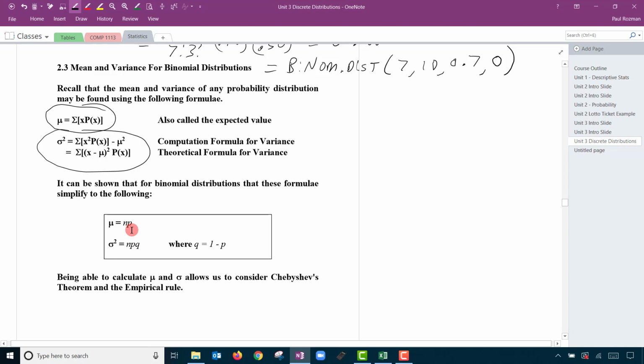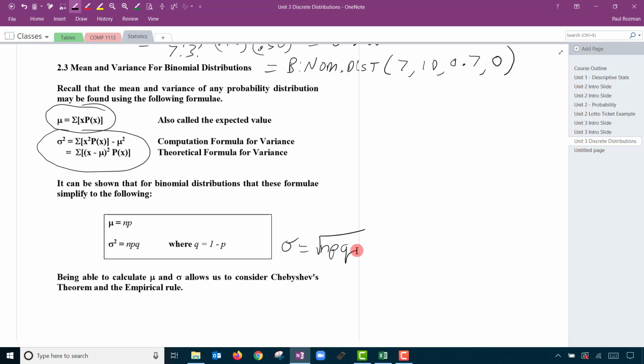If 70% of your Masons call in sick and you have 10 of them, how many do you expect to call in sick? 7. 70% times 10, which is exactly what that formula is. The standard deviation is the square root of npq, where q is just 1 minus p.